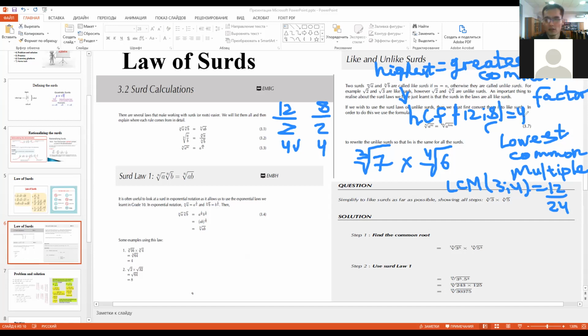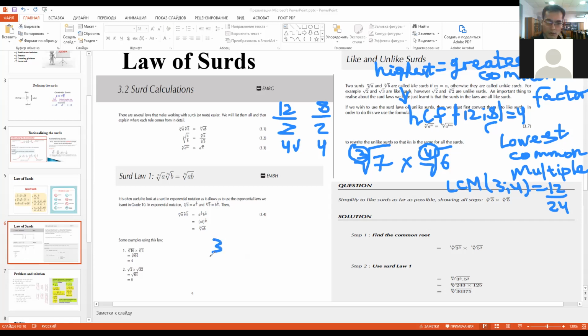Do you understand this? But here we will use the lowest common multiple of the degrees. You have to find the lowest common multiple of the degrees. After that, just change them.